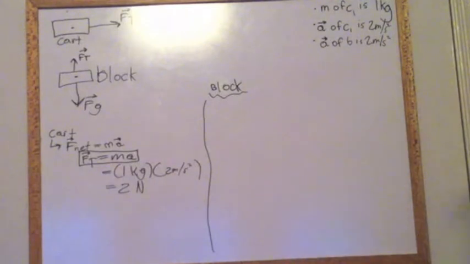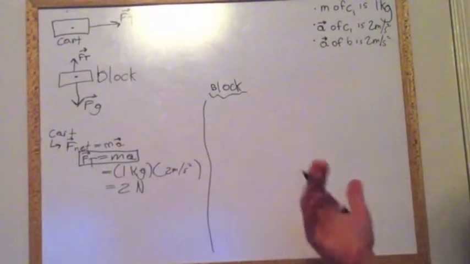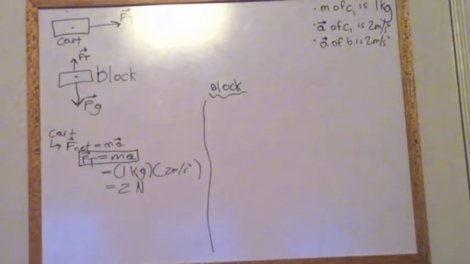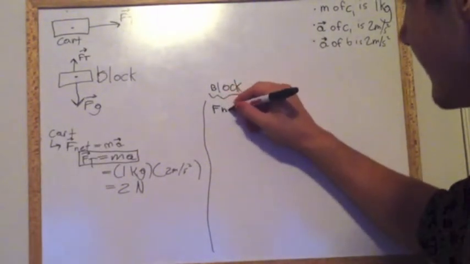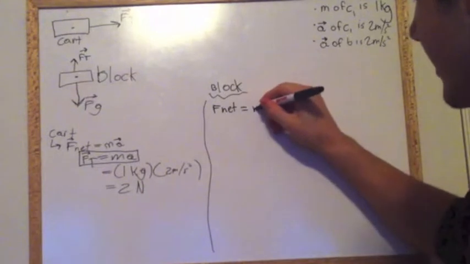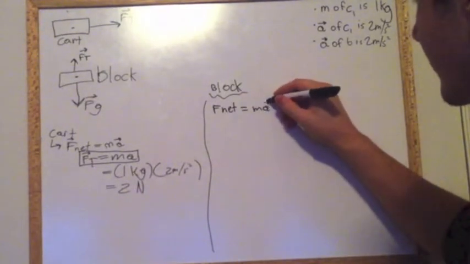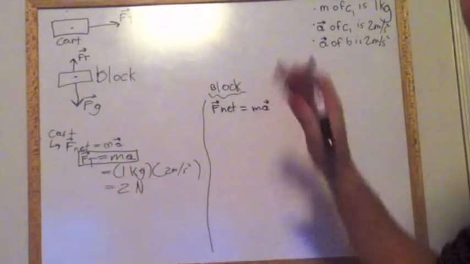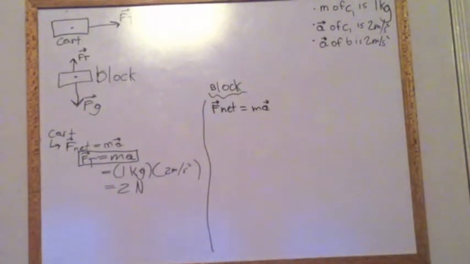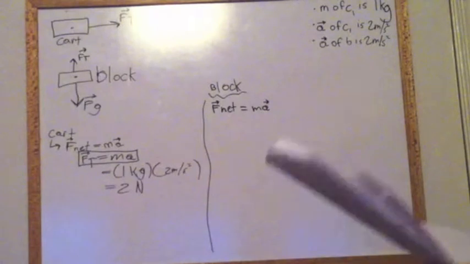But as we will soon see, we do have what we need to solve for the mass of the cart. So go ahead and write in our formula once again. F net equals MA. Don't forget to write your icons, whatever you want to call them, over your arrows, just so we don't lose marks.